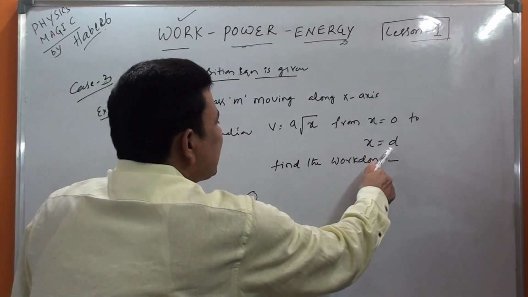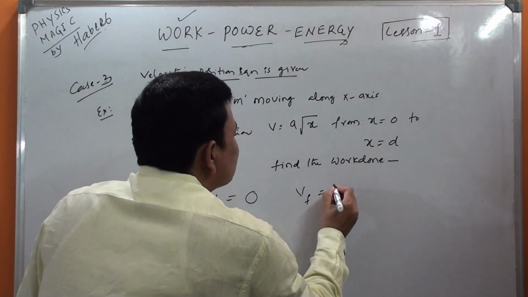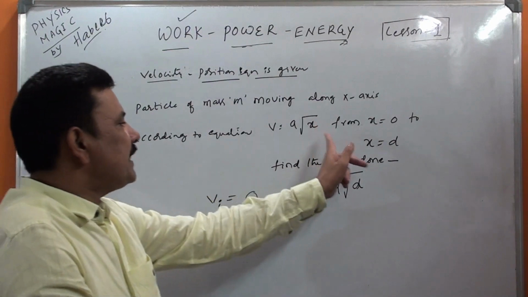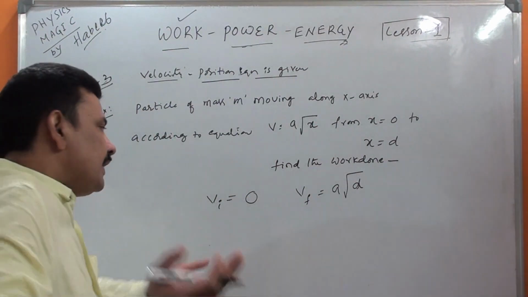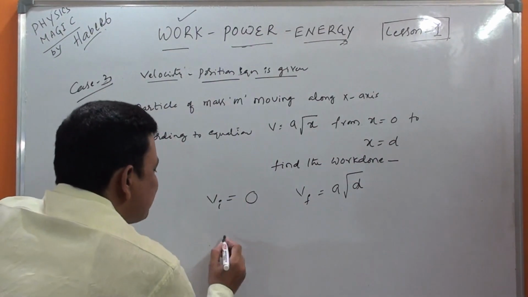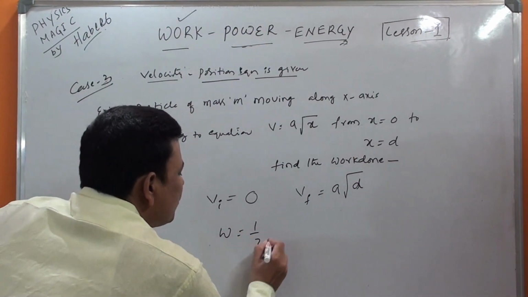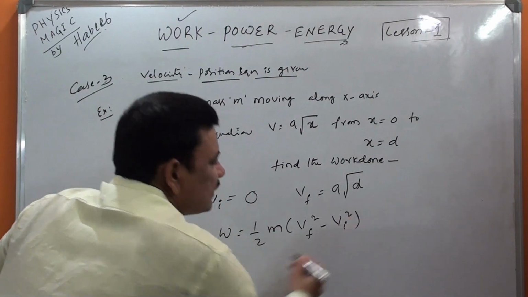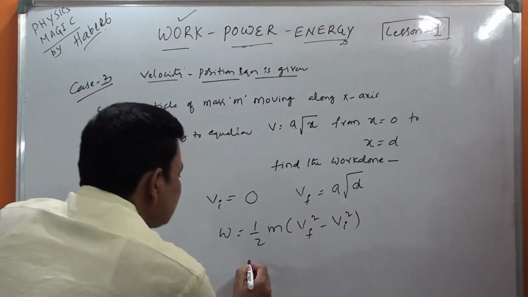Then you go to the second one. V final is equal to a into under root of d, where in place of x we just substituted d. Thereafter we got initial and final. W is equal to half m into v final square minus v initial square.